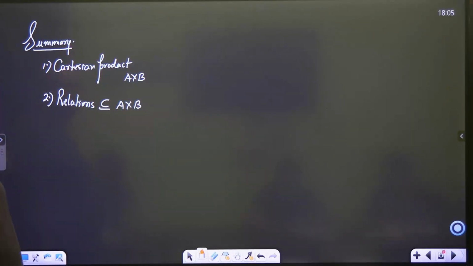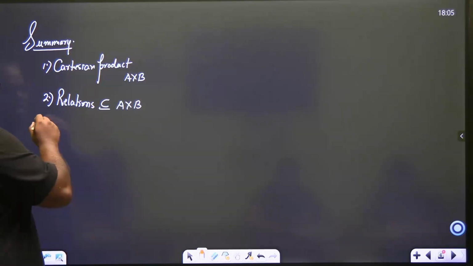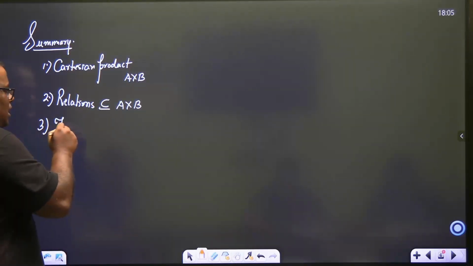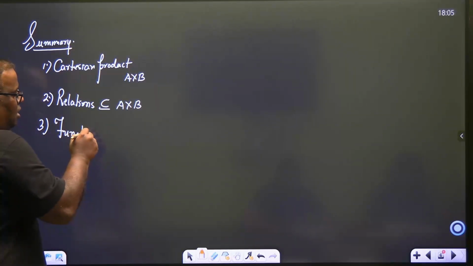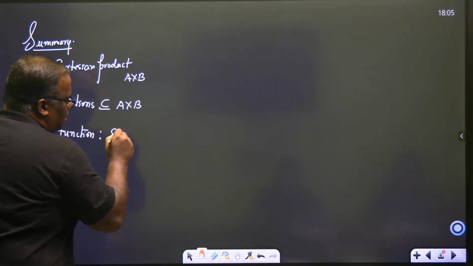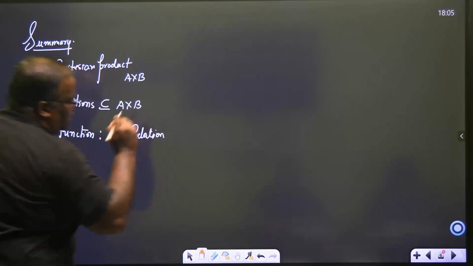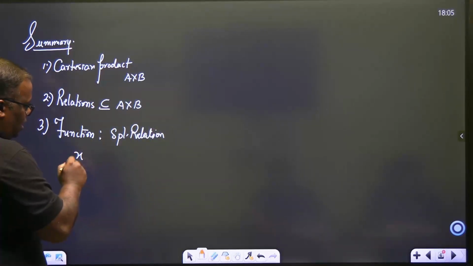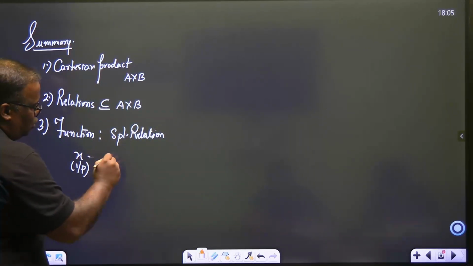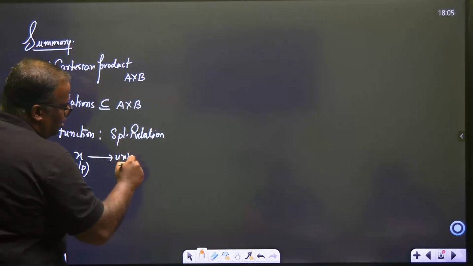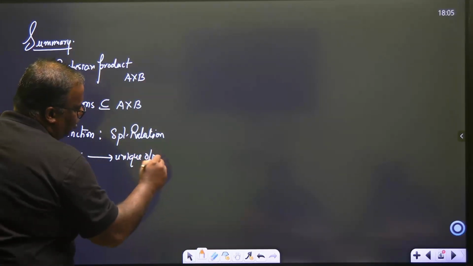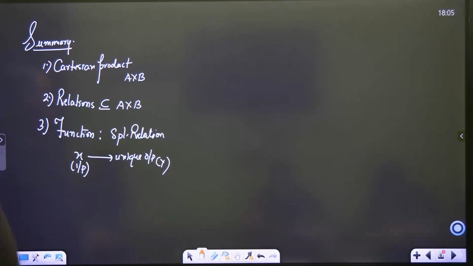Relations are subsets of A cross B, right? Then you get a fair idea about a function. A function will always be a special relation. Such special that for every input x, you should have a unique output y, right?